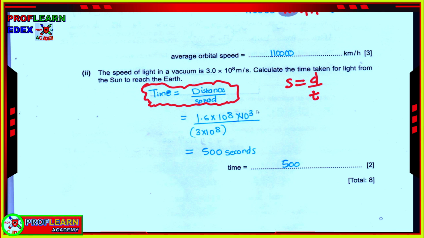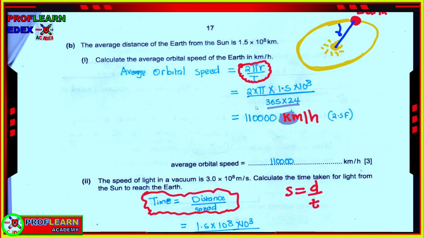I'm going to ensure that my speed also is in meters per second, because if you look at the question at the top here, it was 1.5 times 10 raised to power 8 kilometers. So I have to ensure that this distance is in meters. I will multiply this by 1,000, which is the same as 10 power 3.